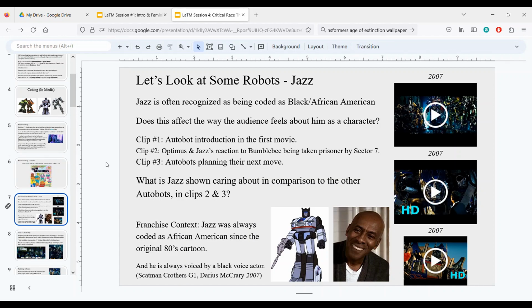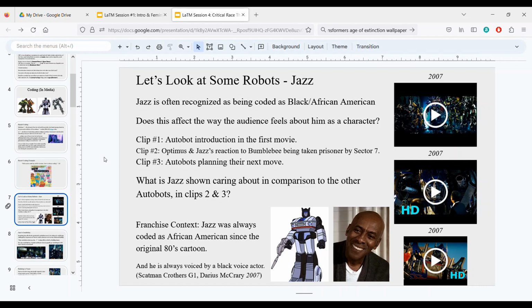Let's talk about Jazz. Can I have you read the first two lines here? "Jazz is often recognized as being coded as Black/African American. Does this affect the way the audience feels about him as a character?" So we think about the first scene when he's introduced, he's got his classic lines while he's flipping around, and then I also pointed out the scene after Bumblebee gets kidnapped by Sector 7.